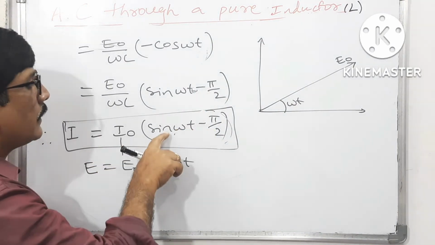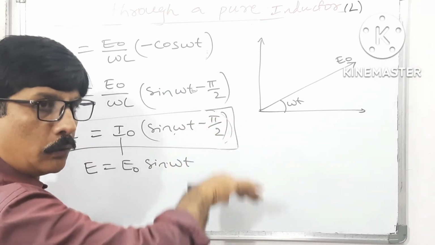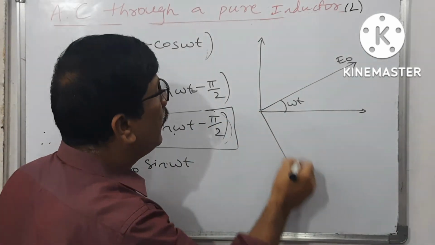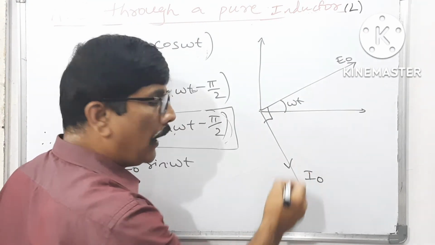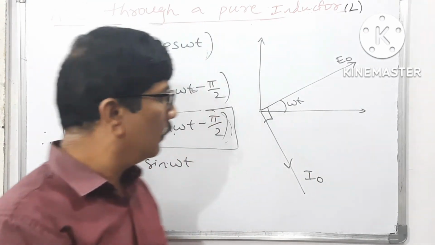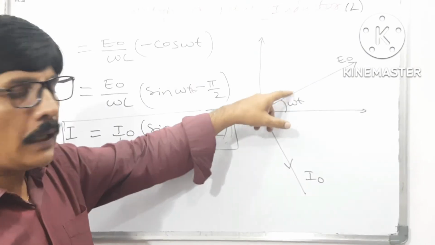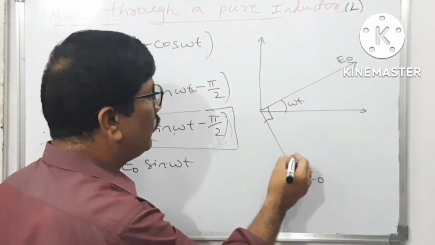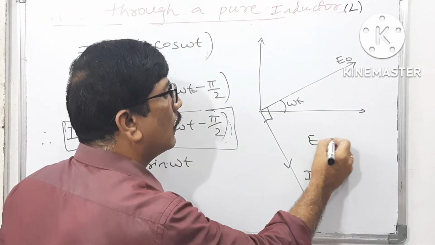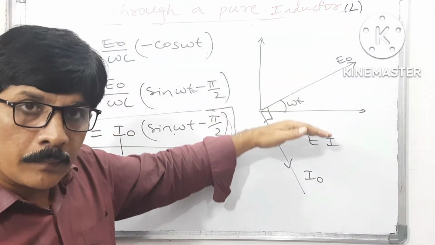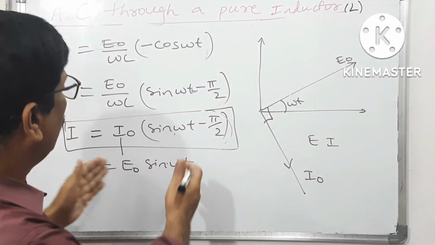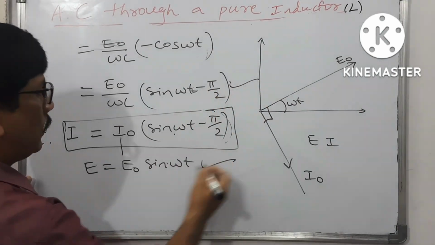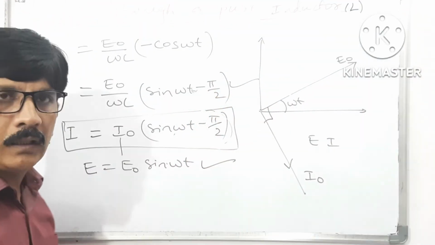The current is sin omega t minus pi by 2, that means the current is 90 degrees behind the electromotive force at any instant of time. So the current and electromotive force are 90 degrees out of phase, but the current is behind. By using these two equations, you can immediately draw this phasor diagram.